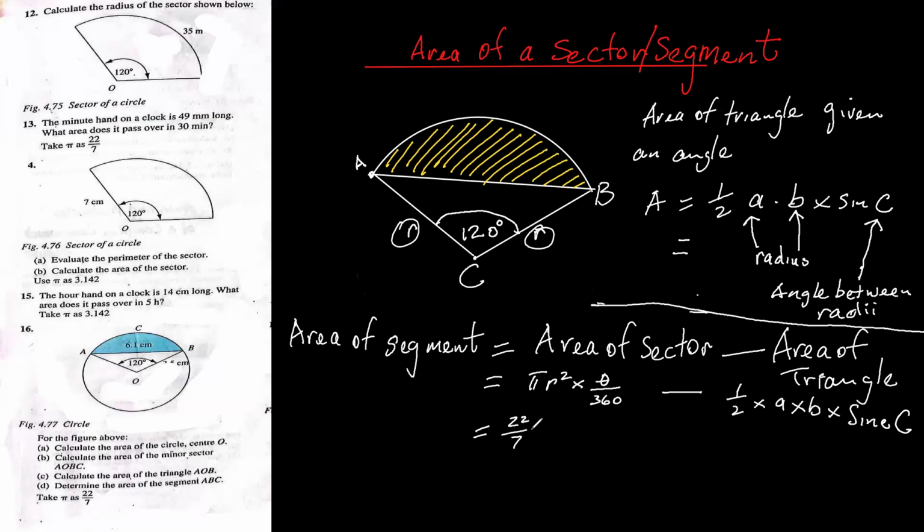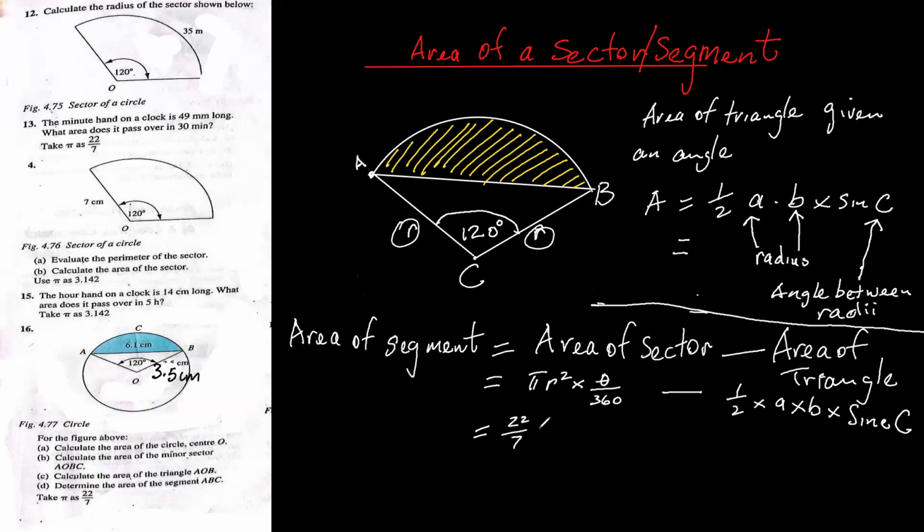What happened? This didn't come out. Question 16, the radius is 3.5. Don't go. I've seen a lot of people getting knocked off. Right.